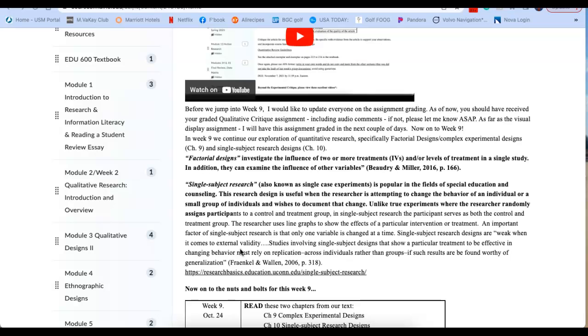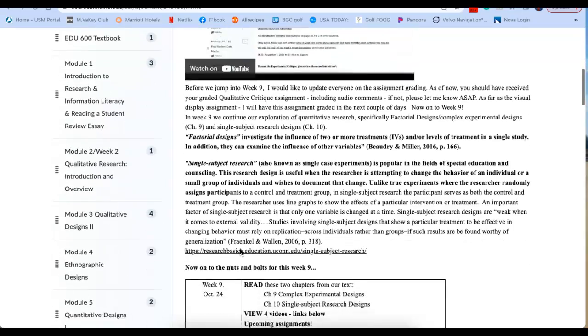And as we know, individuals are unique and they respond differently to various treatments. So I think this is a very important type of research. From my experience, there are quite a few students in this class and previous classes that I've had that actually look at single subject research, or a single subject research study or two pops up actually in their six article captures. So those are the subjects.